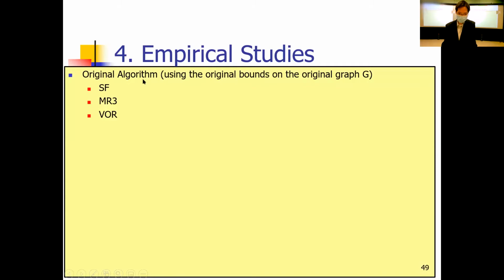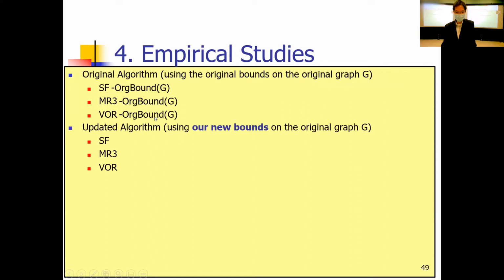The original algorithms, using the original lower bound and upper bound on the original graph, we denote as SF, MR3, and VOR. Then we have our updated algorithms using our new lower bound on the original graph.